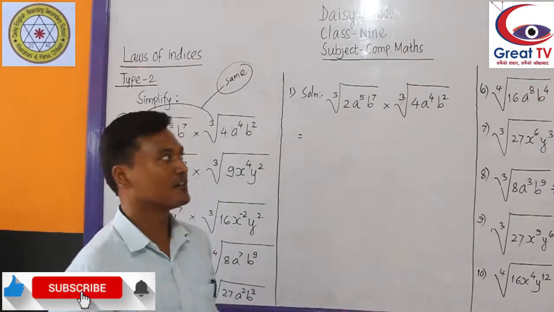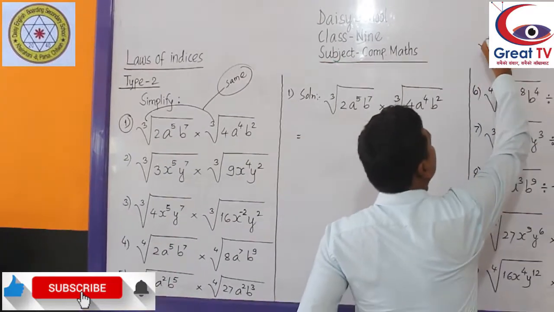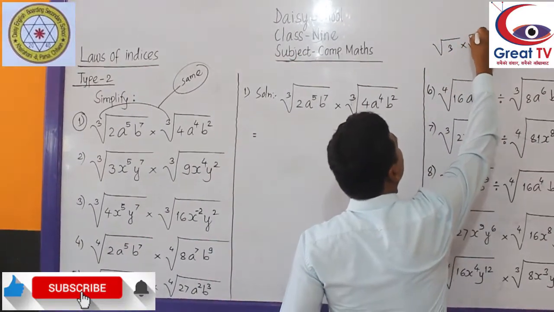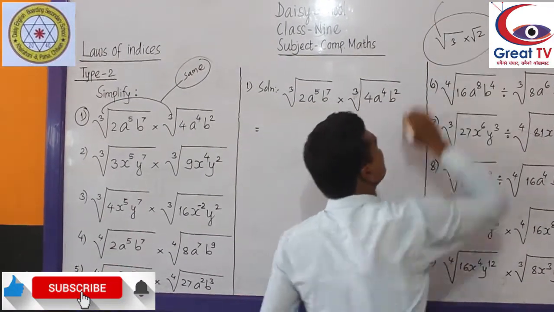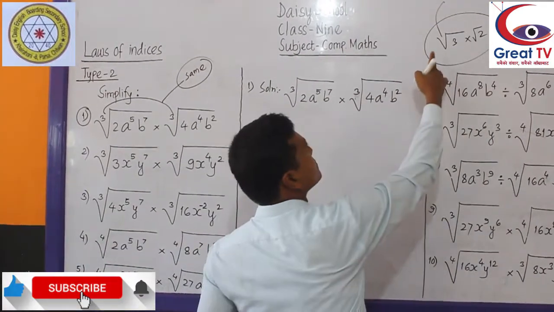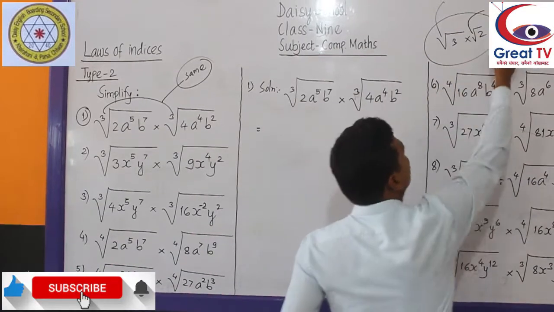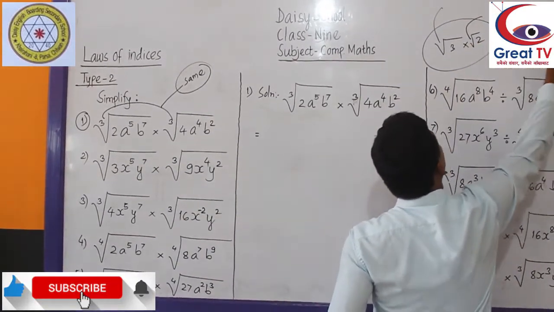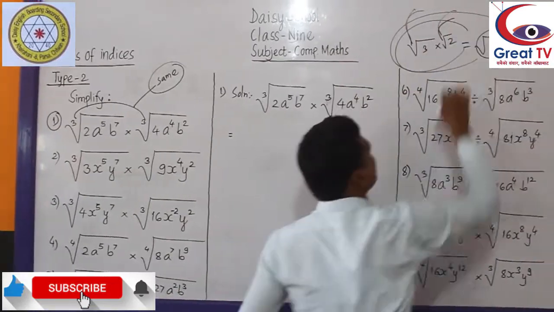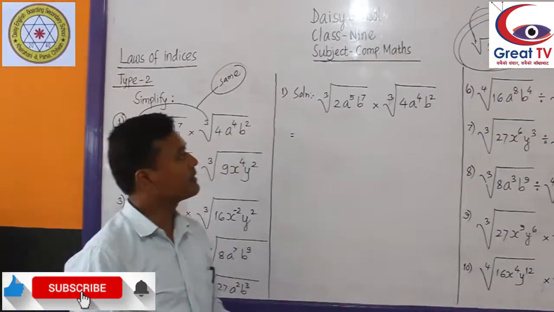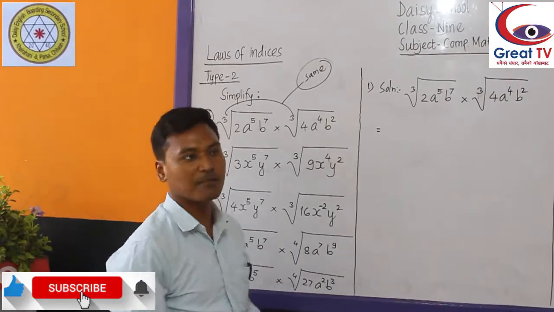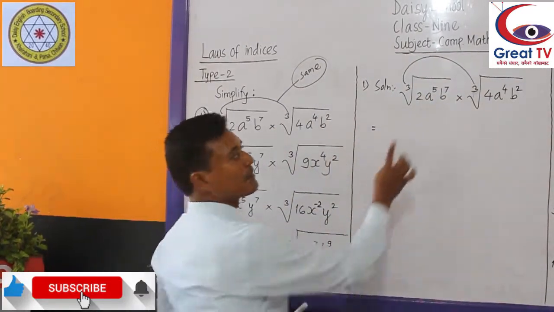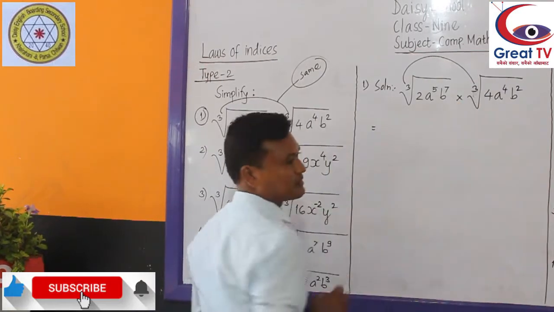This we have already read. That means if the roots are of the same order, like root 3 times root 2, the order of this root is 2, and the order of this root is also 2. This can be 2 times 3 is 6. So if the roots are of the same order, they can be written using a single root, and can also be divided. As these two have the same order, these two can be multiplied.